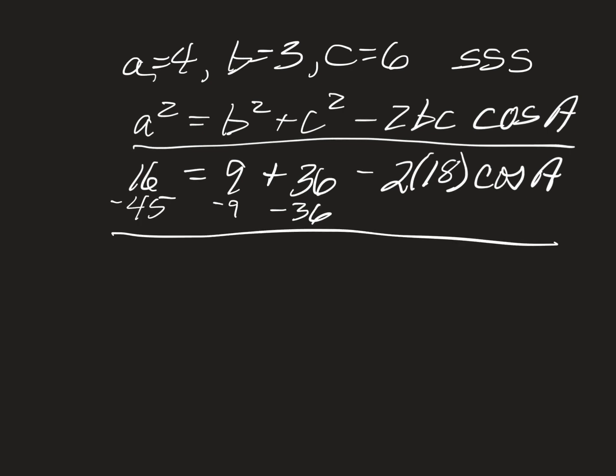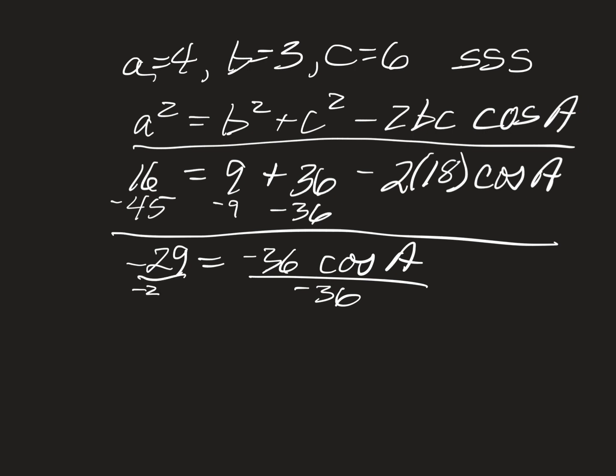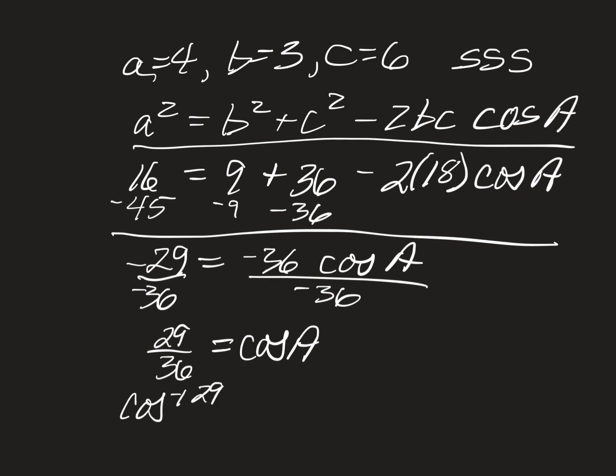So we'll do that first, and we get negative 29 is equal to negative 36 cosine A. Then we divide both sides by negative 36, and we get 29 over 36 equals cosine A. Now we can take the inverse cosine of 29 over 36, and that will be equal to angle A.